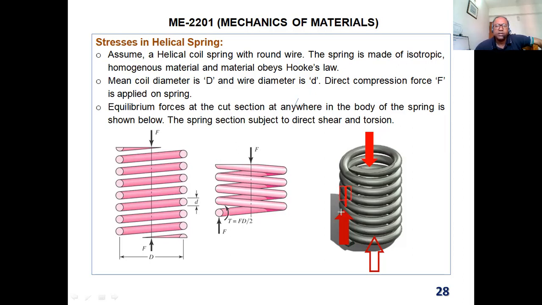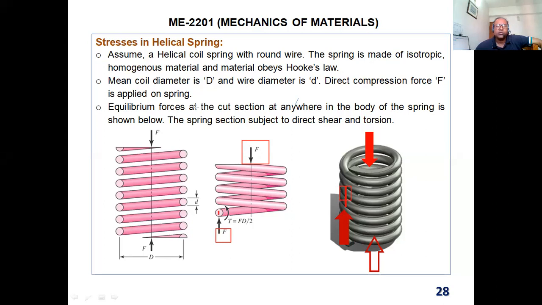So we cut it right over here. From the top, a downward compressive load F is working. If we cut it here, then this force has to be balanced upward by F, and F is working parallel to this cross section.